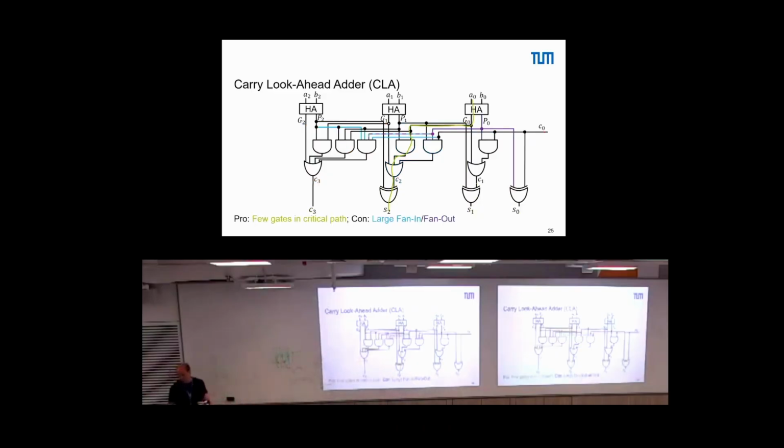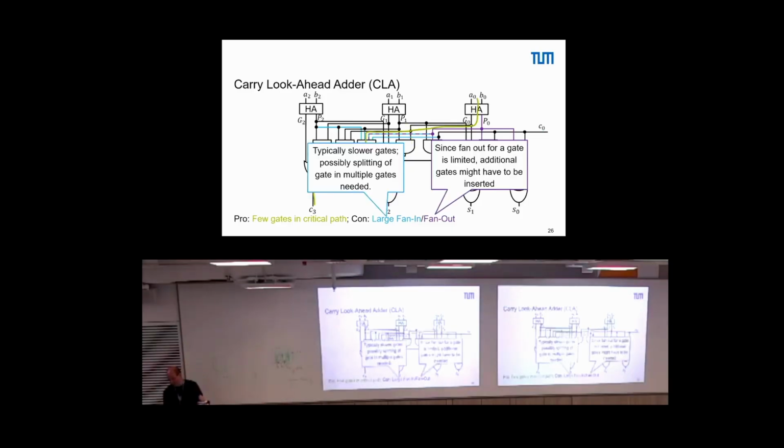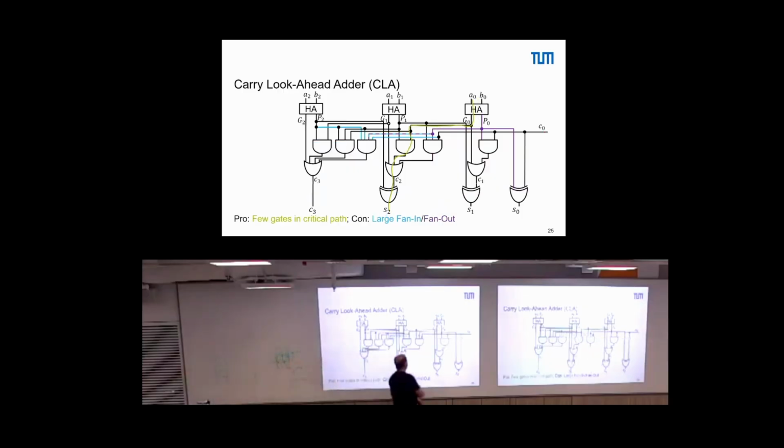So overall, the main points here are we save some time in theory. In practice, we are quite limited because we have this effect of large fan in, large fan out. Okay. So fan in is, I take a gate and ask how many drivers do I need for this node.